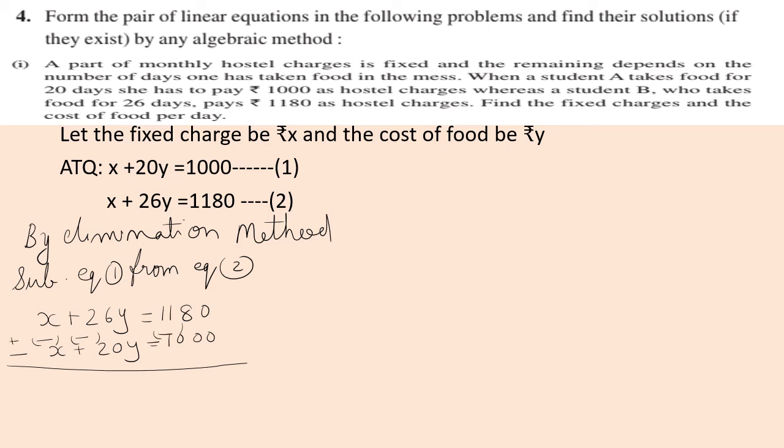You have to do the addition, that is x plus minus x, that is 0. 26y minus 20y, that is plus 6y equal to 1180 minus 1000, that is 180. So you are getting 6y equal to 180. From this you are getting y equal to 180 upon 6, that is equal to 30. So you are getting y as 30.